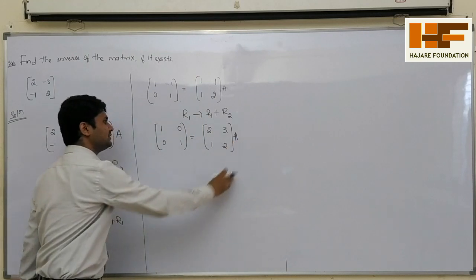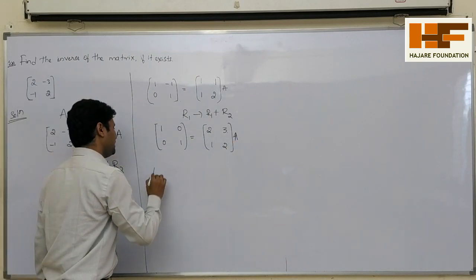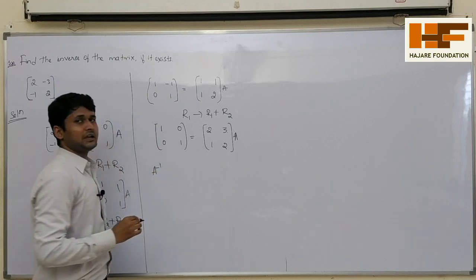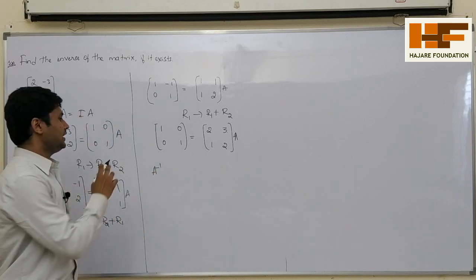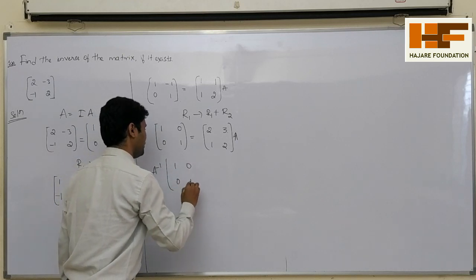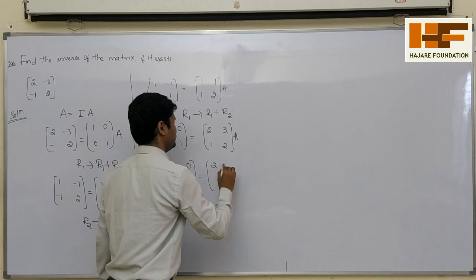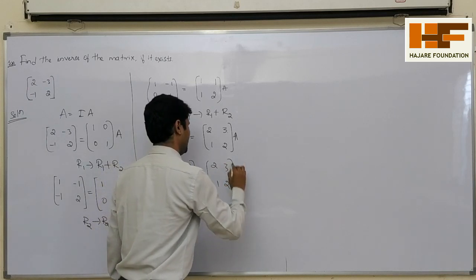I am sending this A to LHS side. At that time, A becomes A inverse. A inverse into 1, 0, 0, 1, which is equal to 2, 3, 1, 2.